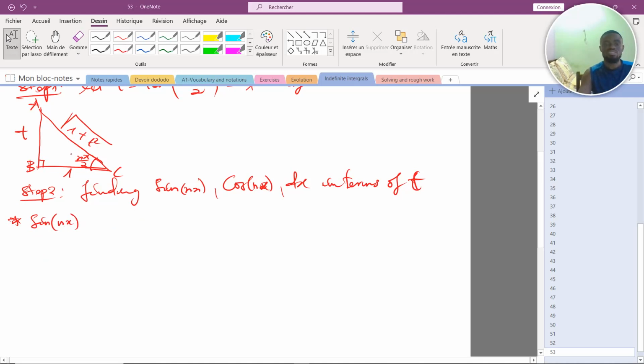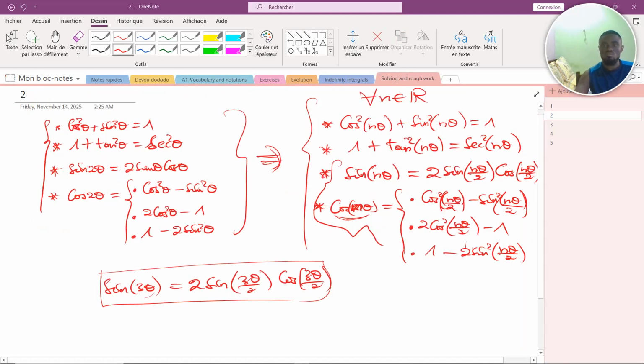The problem is that in the triangle we instead have which angle? nx on 2. Recall this formula. We know that sine alpha x is equal to 2 sine alpha x on 2 times cos alpha x on 2. These are the formulas I asked you to remember last time. Remember these four formulas. They will be very helpful for you, whether in trigonometry or in some exercises.